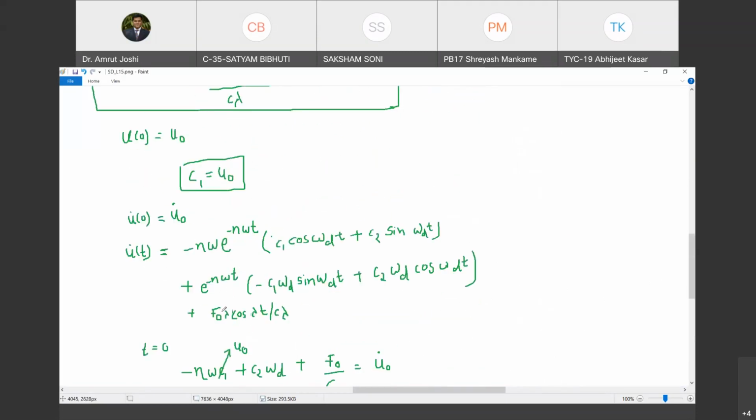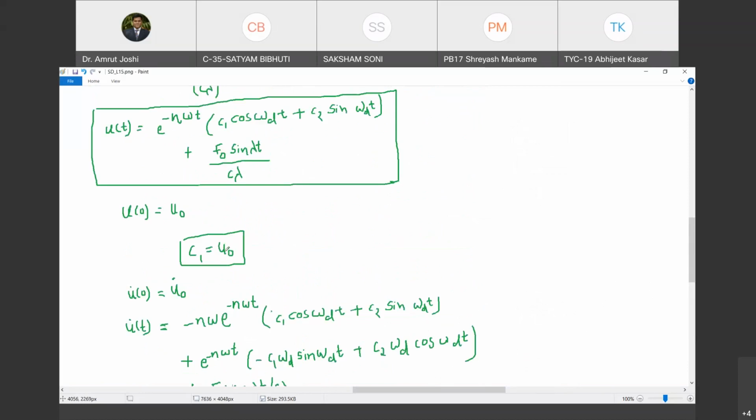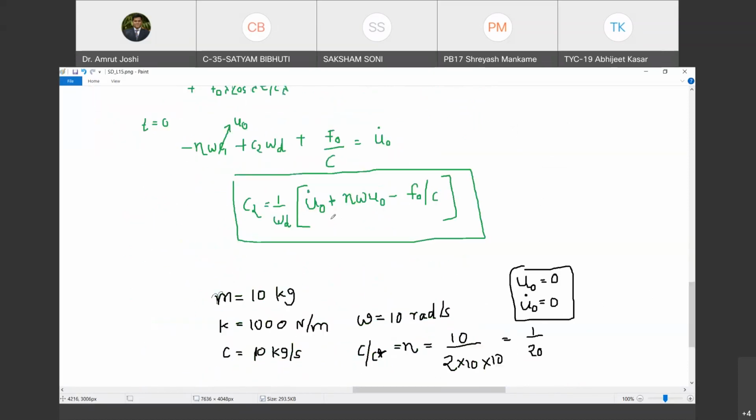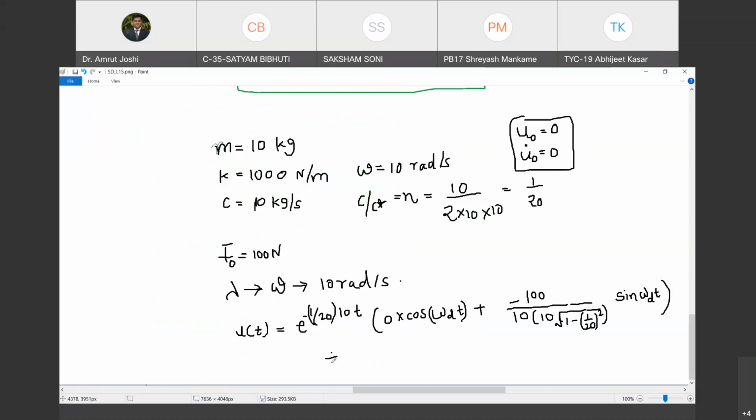What is the second part of the response? So u of t, you can observe, is plus F0 sin lambda t upon C lambda. So that's what I'm going to write down. F0 is 100, sin lambda t, lambda is 10 because we are saying that the system has reached resonance.